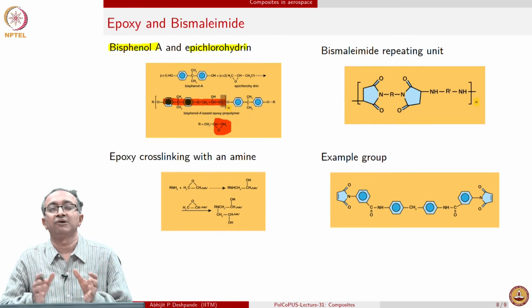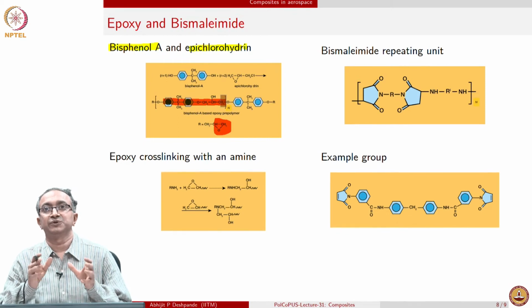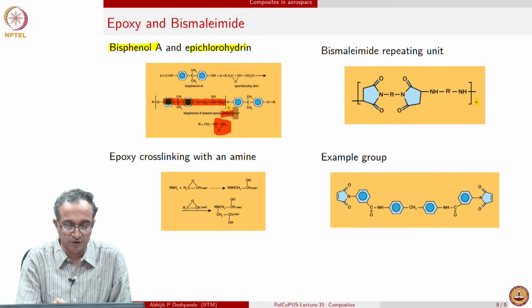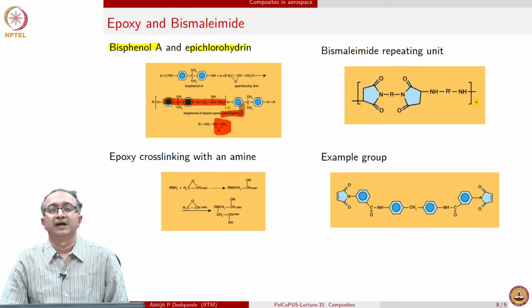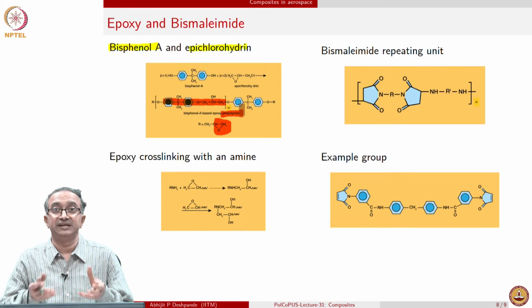Generally, what we do in all of these cases is carry out the polymerization reaction up to a certain extent and get what is called a pre-polymer. The pre-polymer generally will have viscosities of, let us say, hundreds and thousands of centipoise, so these fluids can be flown, pumped, or basically handled.